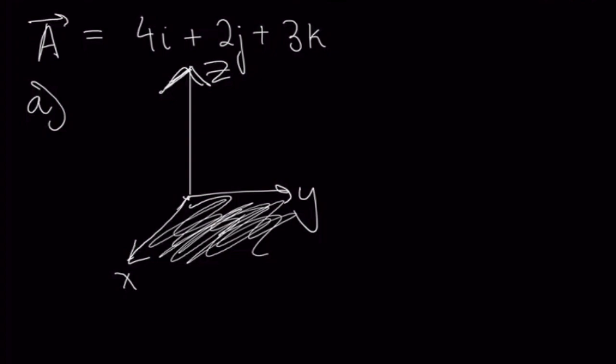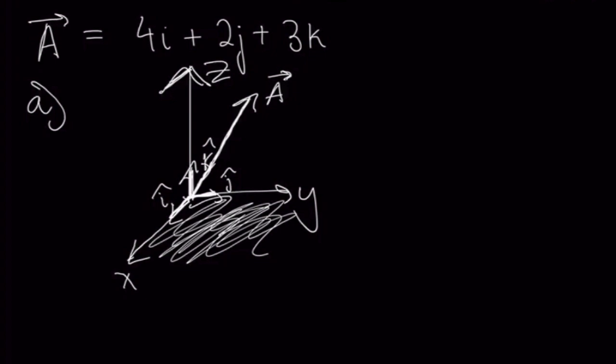So let's also draw the unit vectors: k hat, i hat, and j hat. So what would A look like? Well, since A has all positive components, it would look something like this. That's A.